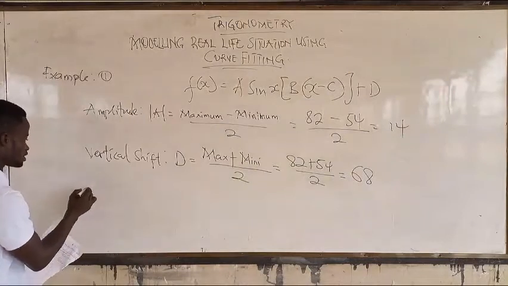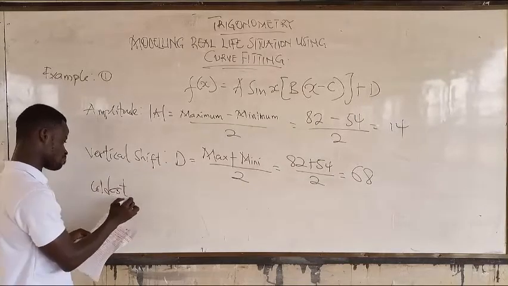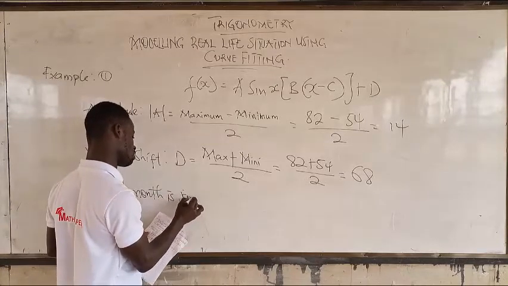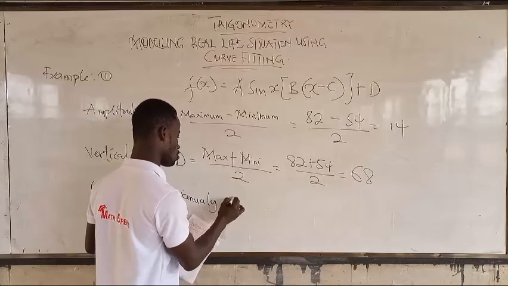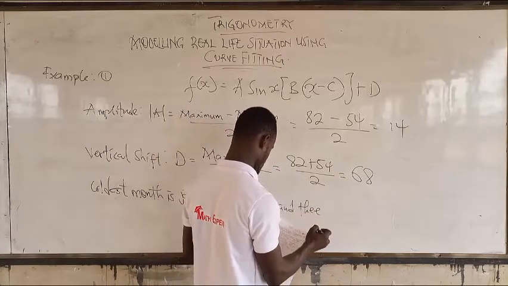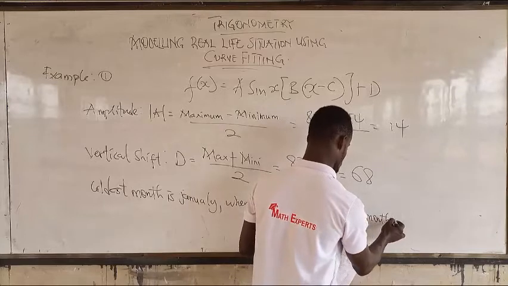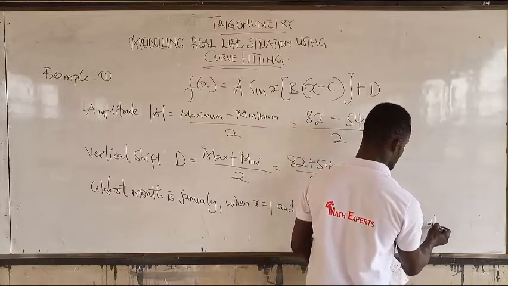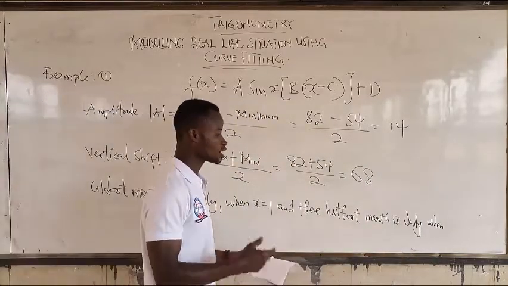So you can see that the coldest month is January when X is equal to 1, and the hottest month is July.